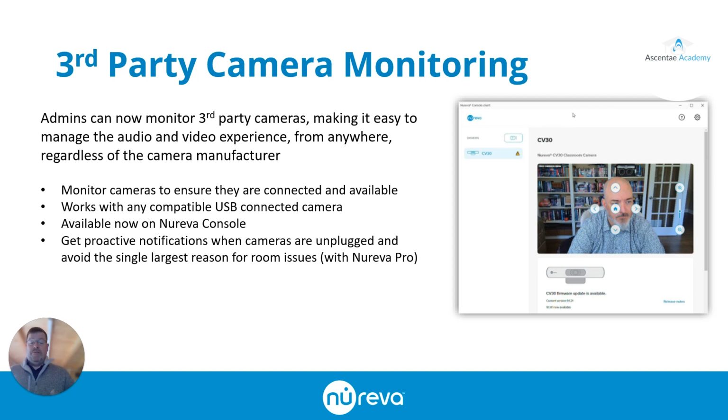Now, just like with the HDL itself, if the camera goes offline, the status will be reported in console, and optionally, admins can receive notification in advance so they can resolve the issues in the meeting room before it actually prevents meetings from taking place.